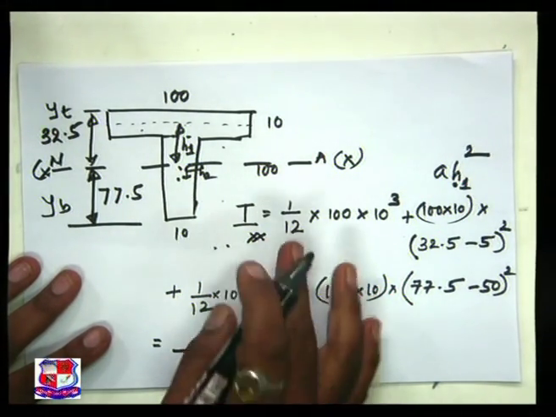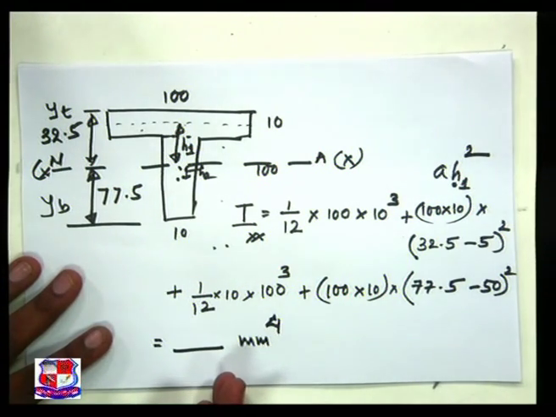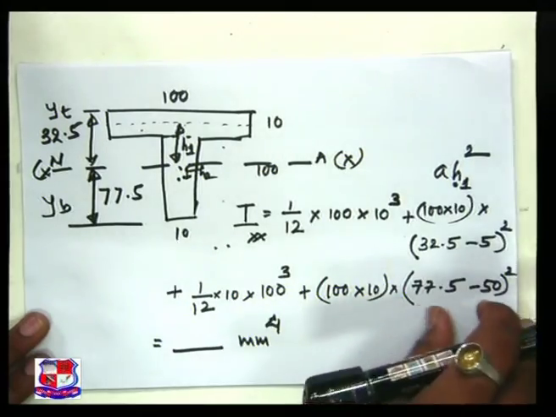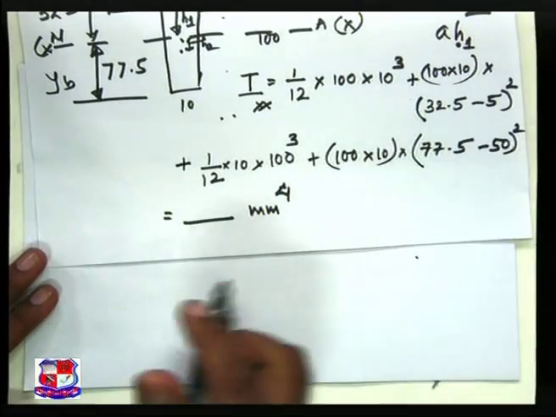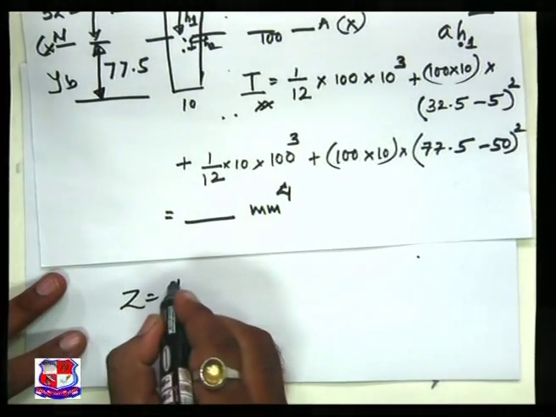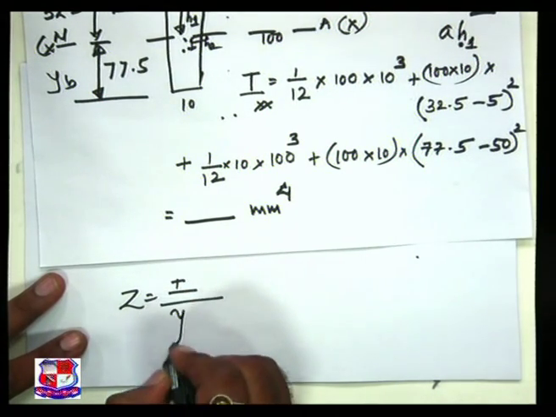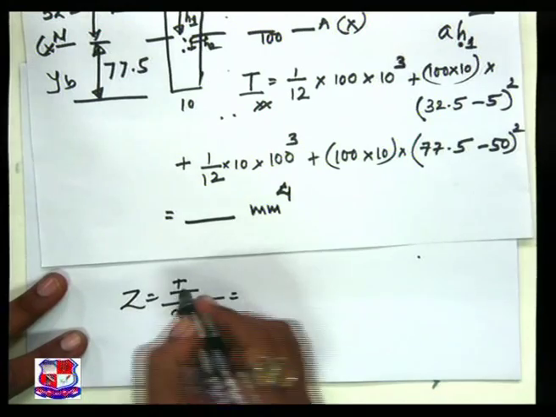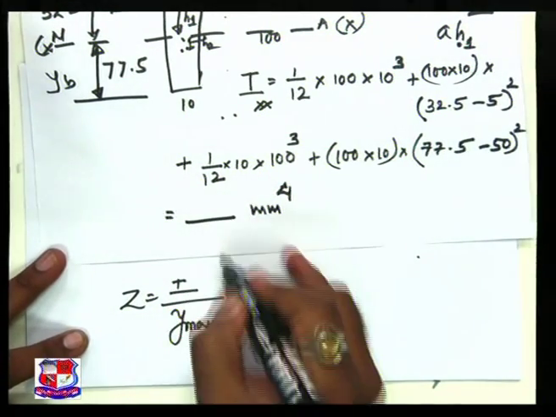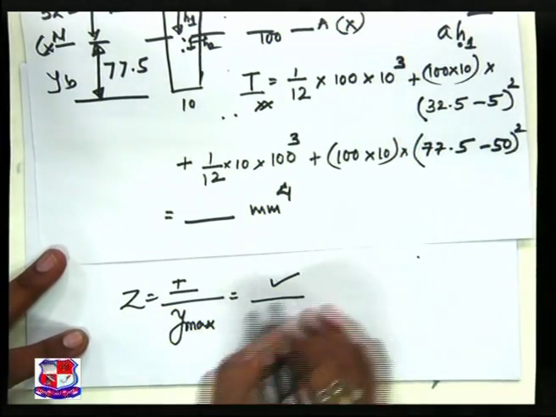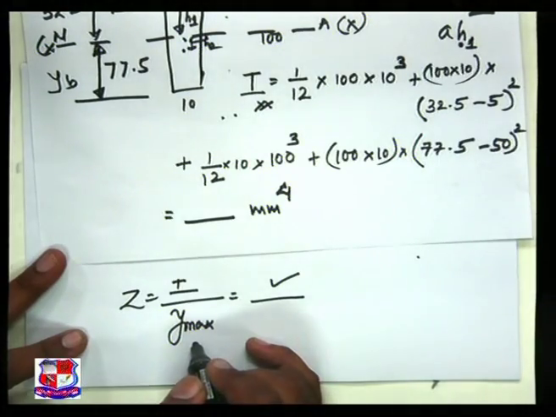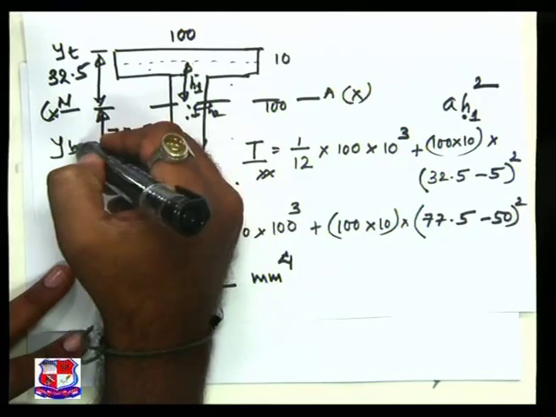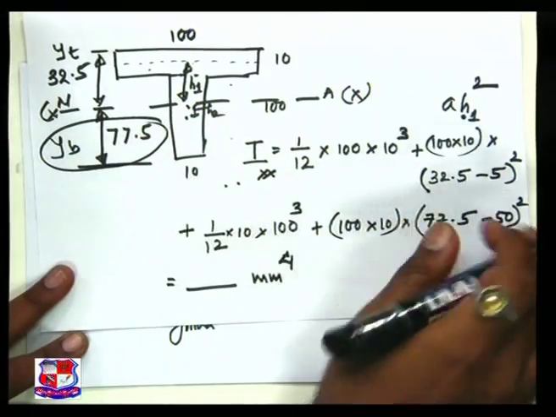I think you can solve it easily using a calculator. Now we know that Z is equal to I by y max. You have got the value of I from here, so you know the value of I. What is y max? y max is nothing but the maximum value from yt and yb. Definitely it is yb.